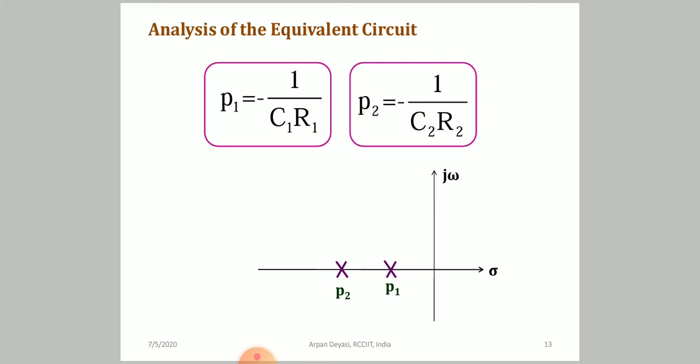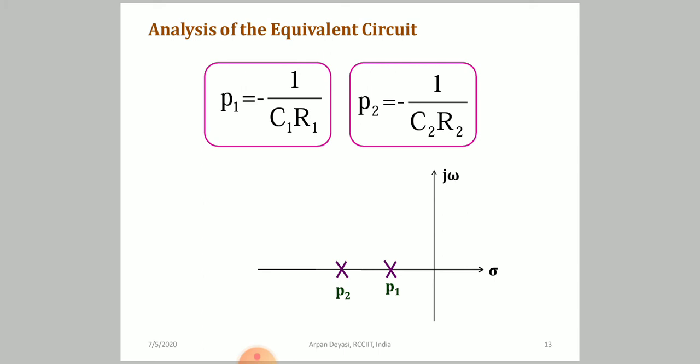So just go for your normal sigma j omega plane, where you have already been accustomed in the class of root locus, and you put p1 and p2 in the left half plane, because both are negative. So it's very good that you put it and you are quite assured that the system is stable.